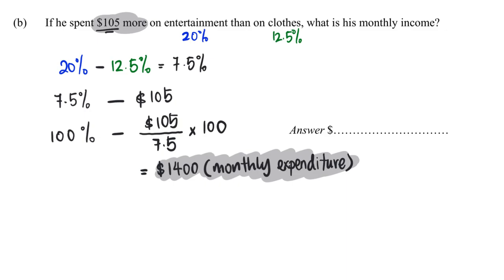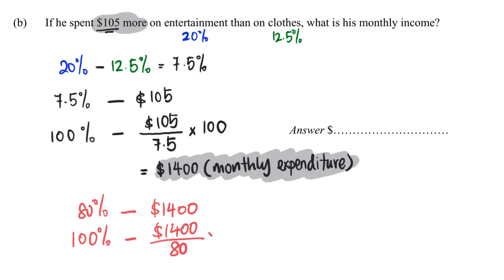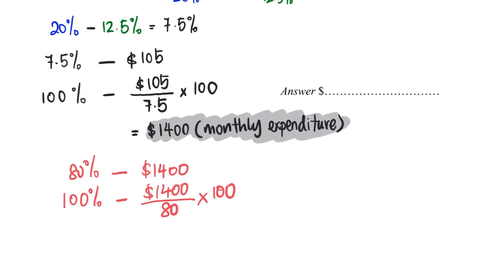And so for the next part, I would then have 80% represented by $1,400, so that when I find the 100% in this case, I divide by 80 to get 1%, then I multiply by 100. This will then be my monthly income.